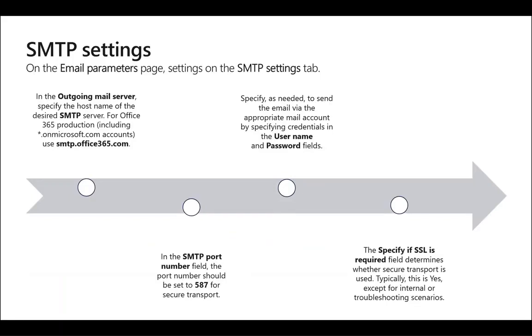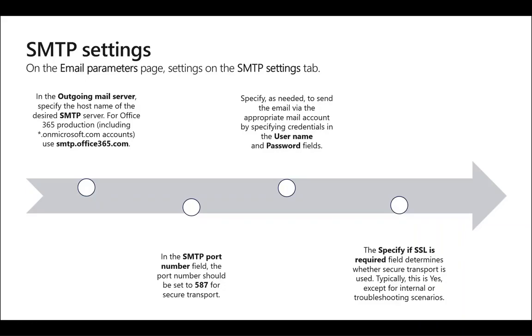To properly set up SMTP for email processing in Dynamics 365 for Finance and Operations, on the email parameter page, note the following settings on the SMTP settings tab. In the outgoing email server, we need to specify the host name of the desired SMTP server.